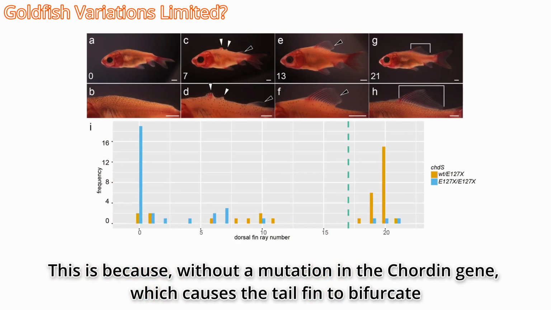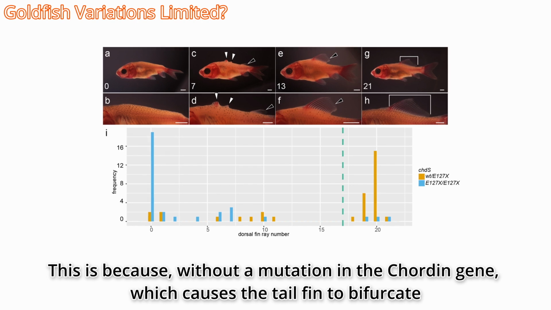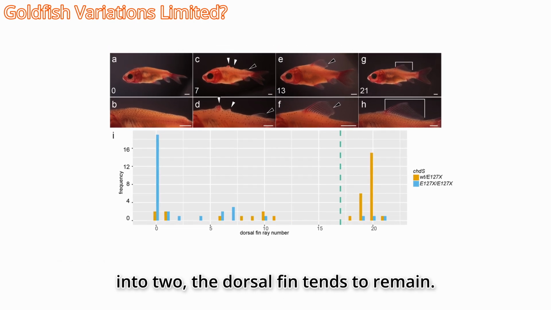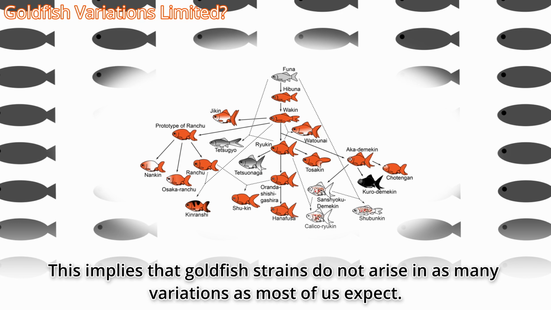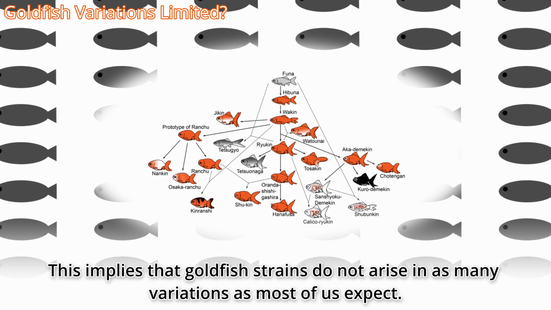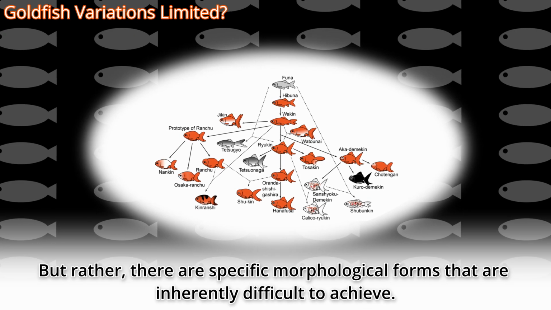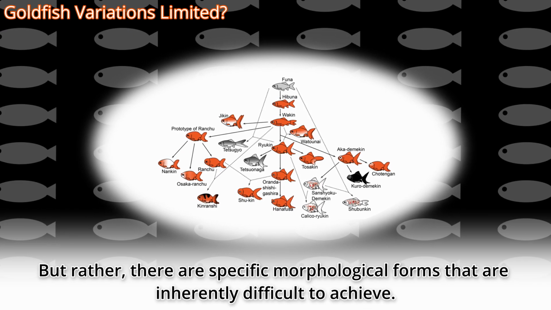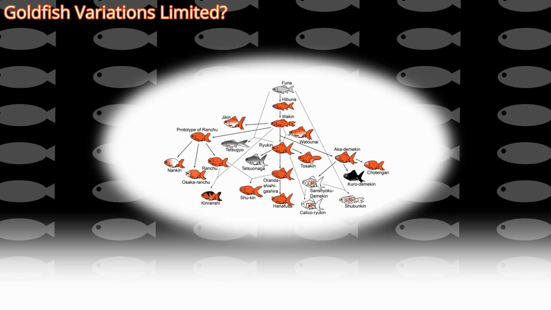This is because without a mutation in the coding gene which causes the tail fin to bifurcate into two, the dorsal fin tends to be retained. This implies that goldfish strains do not arise in as many variations as most of us expect. But rather than that, there are specific morphological forms that are inherently difficult to achieve.